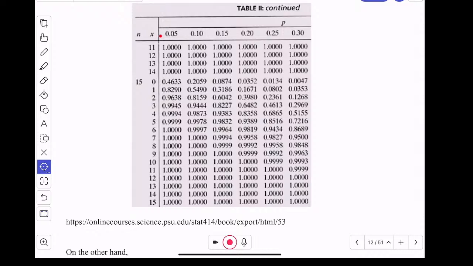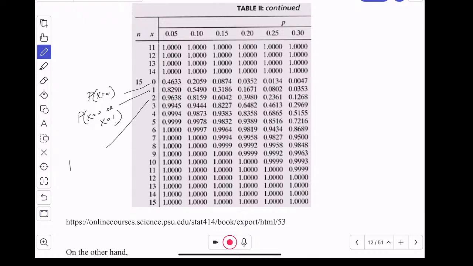So if p is 0.05, this is the distribution. Now the distribution is cumulative. It means that it's adding up as you go along. So this one includes just x equals 0, but this one includes x equals 0 or x equals 1, so it adds them together.